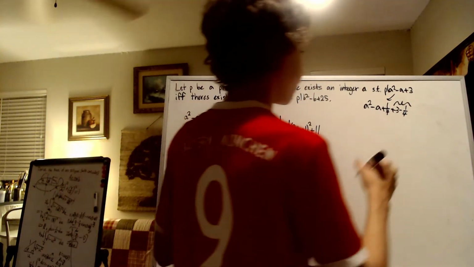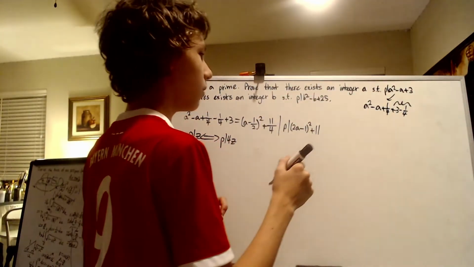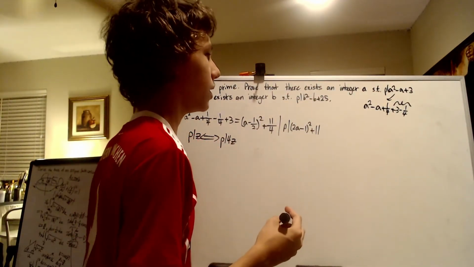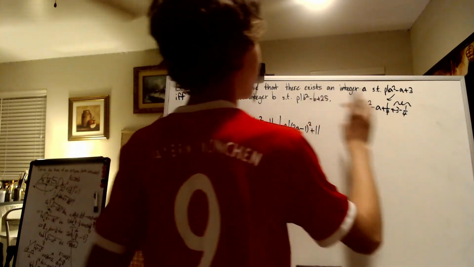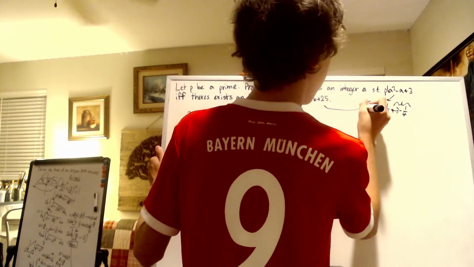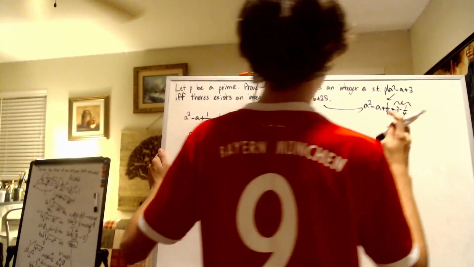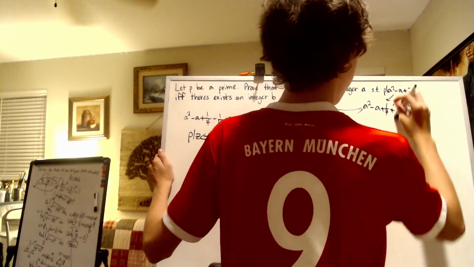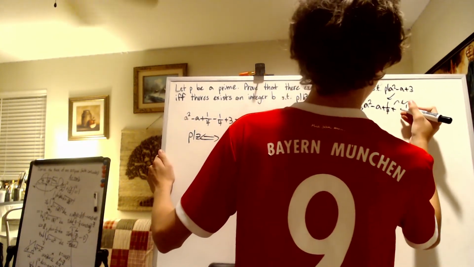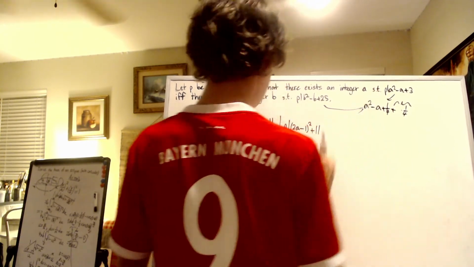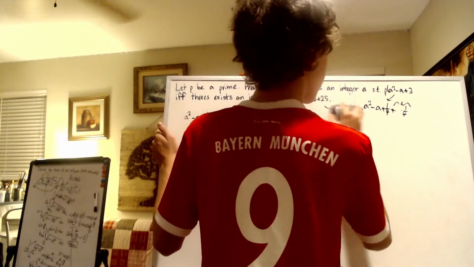Oh, sorry, we're over here. Yeah, I got a bit confused there for a second. Okay, so our 3 should be a 25, and that's not going to be A. So I should probably just erase this whole thing.